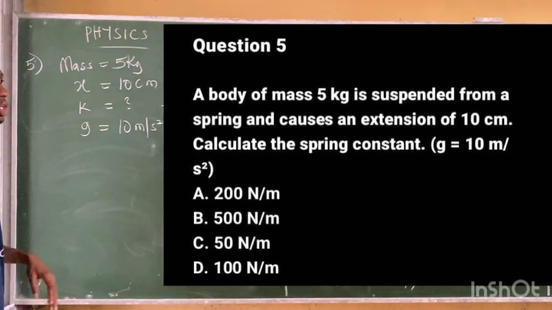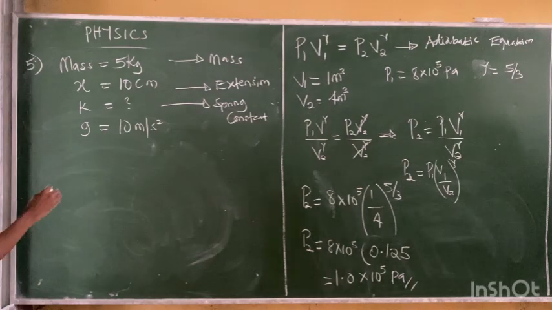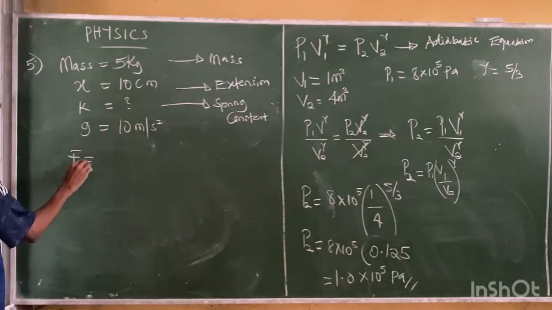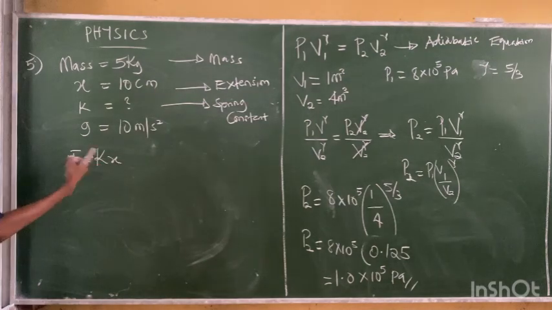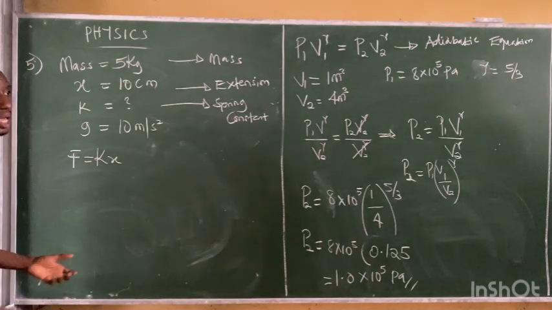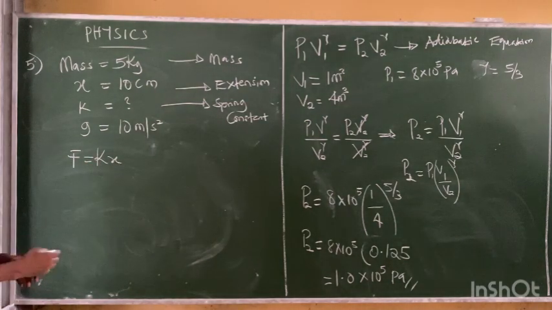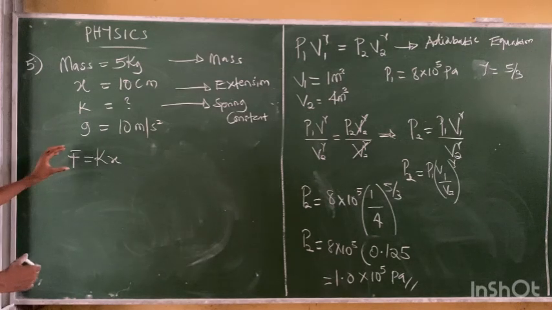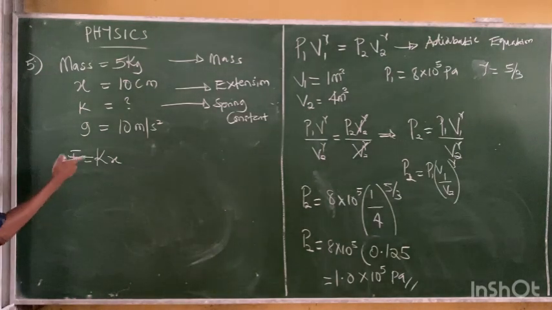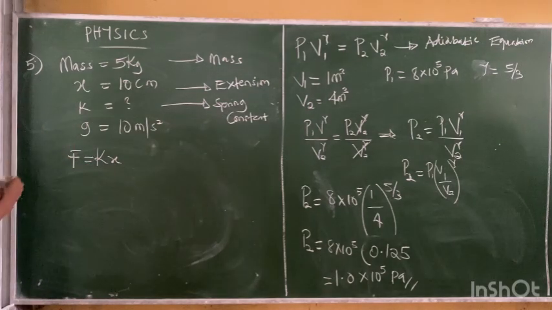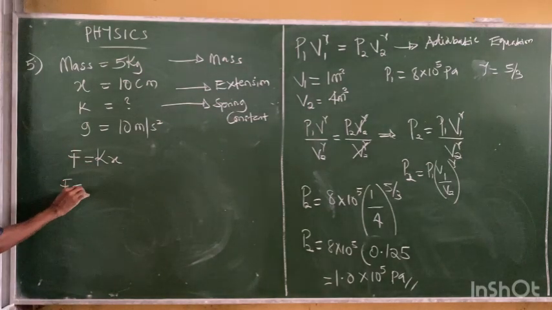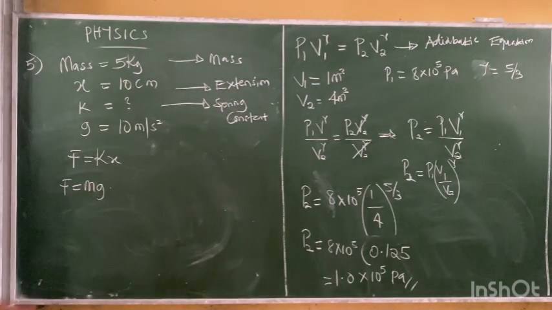Now from the question, if we recall Hooke's law states that the force is equal to what? Kx, where K is the spring constant and x is the extension or elongation. We don't have the value for K, but we have the value for x, and we have mass. Recall that F is equal to mg.